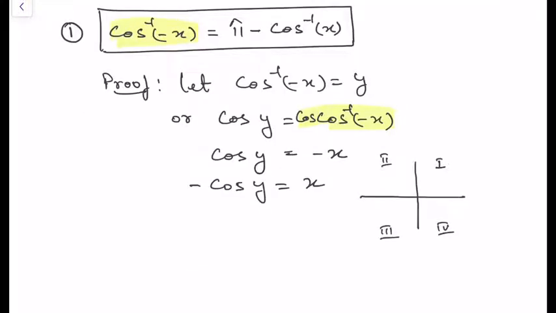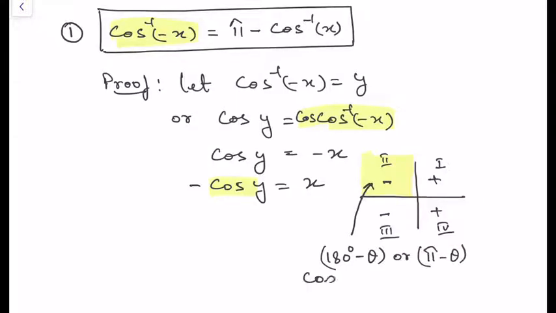Now cos is positive in the first and fourth quadrant, whereas it is negative in the second and third quadrant. So in the second quadrant, the angle is 180 minus theta or 90 plus theta, but here we will take 180 minus theta.